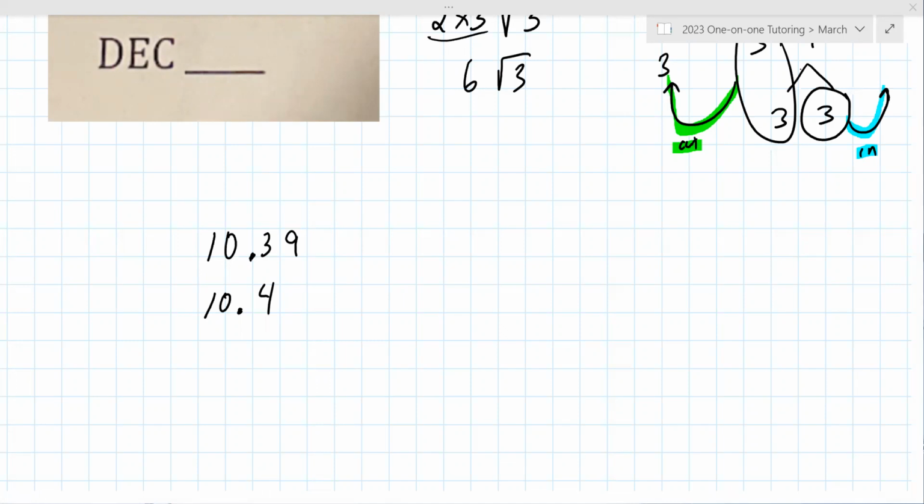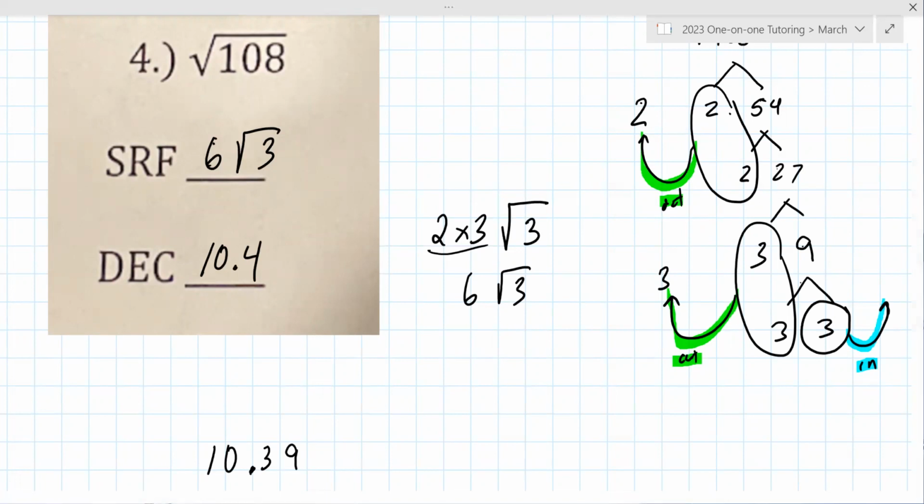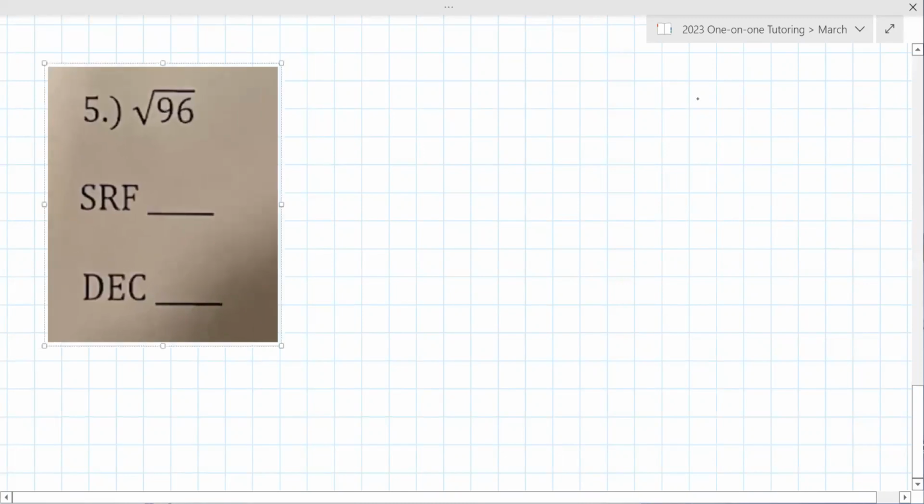Okay, all right, let's move on to number 5. Are you ready to move on to number 5? Yeah. Okay. Square root of 96.